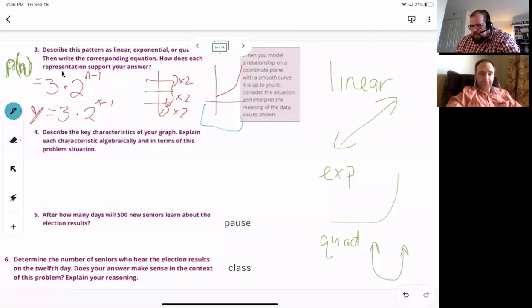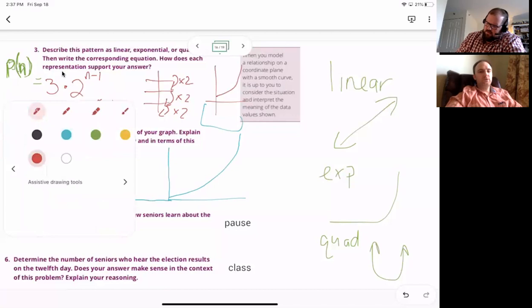Cool. Key characteristics of our graph. Swoopy. I also noticed that it goes up faster and faster and faster. And it seems to be coming down. What would happen if we kept going into the negative x? It would get super close to 0.